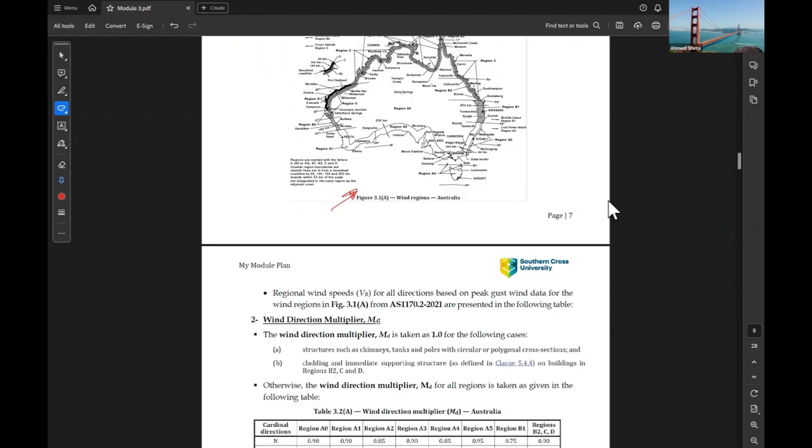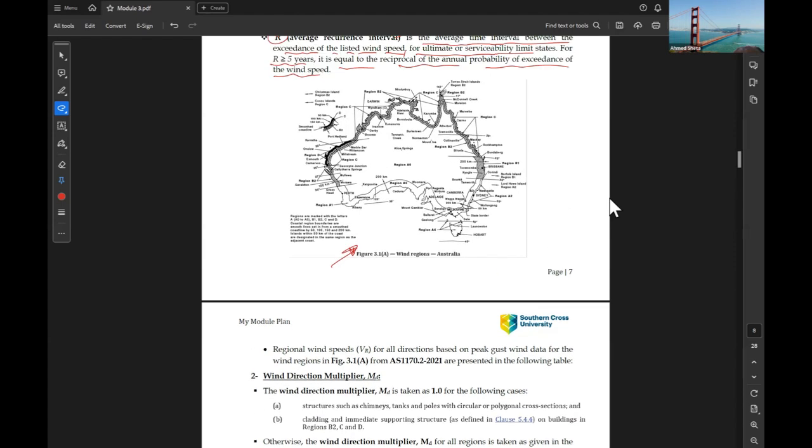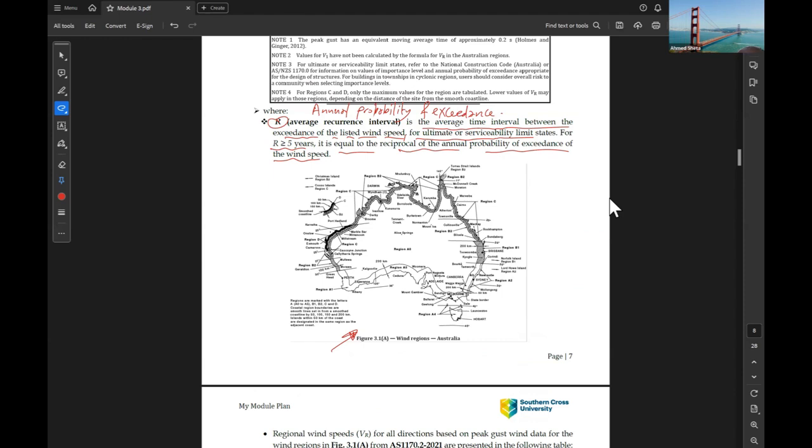So 1 to R will be found using the Australian standard 1170.0.